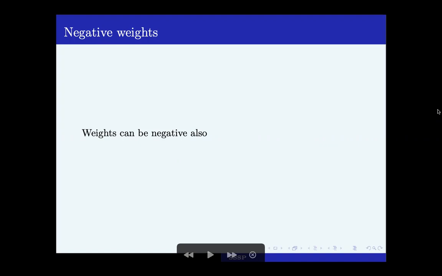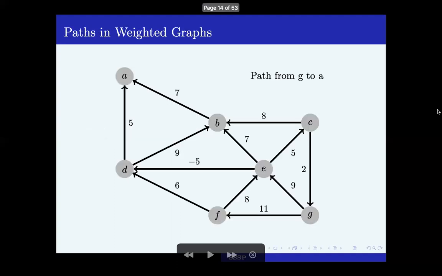Negative costs can represent various kinds of things, and we will actually see the concept of negative paths later on in this course when we talk about flow. But when there is a negative path, there are certain things that you have to keep in mind. So for example, here I have made this edge from E to D minus 5.